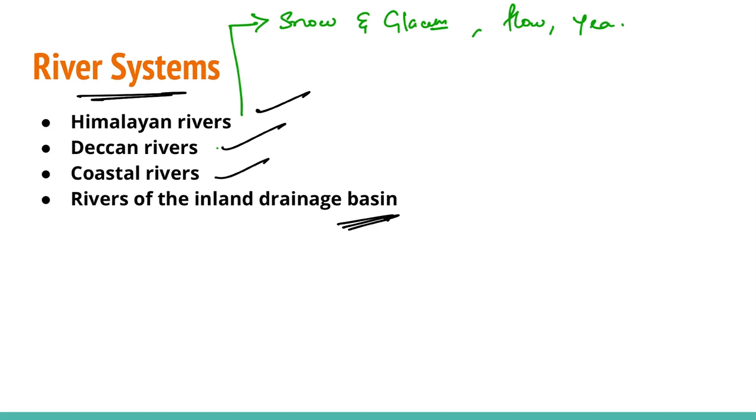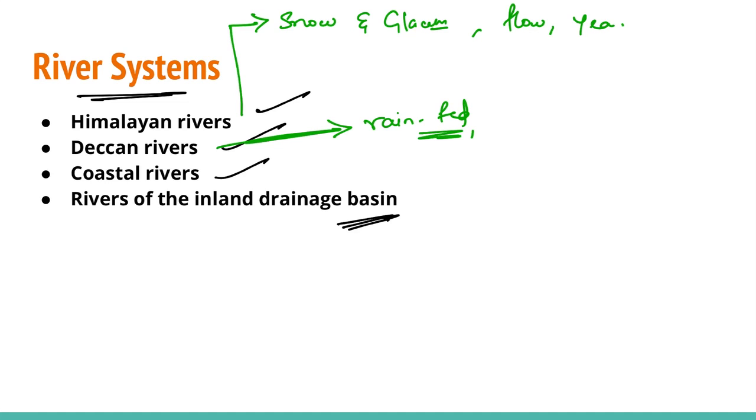The Deccan rivers, on the other hand, are rain fed and therefore fluctuate in volume. Many of these Deccan rivers are not perennial. In the Deccan region, most of the major river systems flow generally east and fall into the Bay of Bengal.